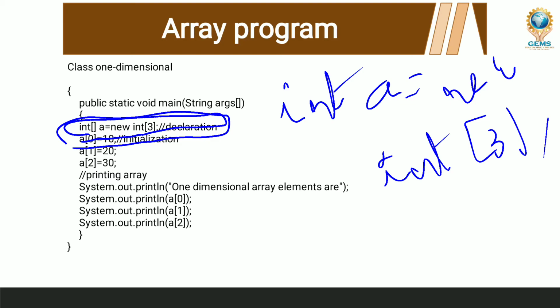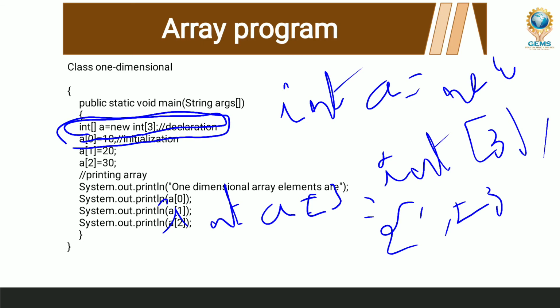Next one, array initialization. Array initialization means giving the elements. For example, int a equal to, curly brace open, 1 comma 2 comma 3 comma 4.